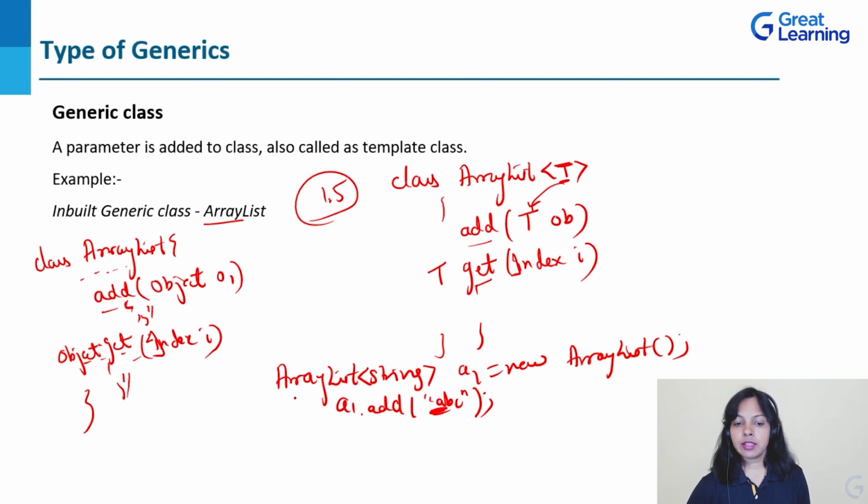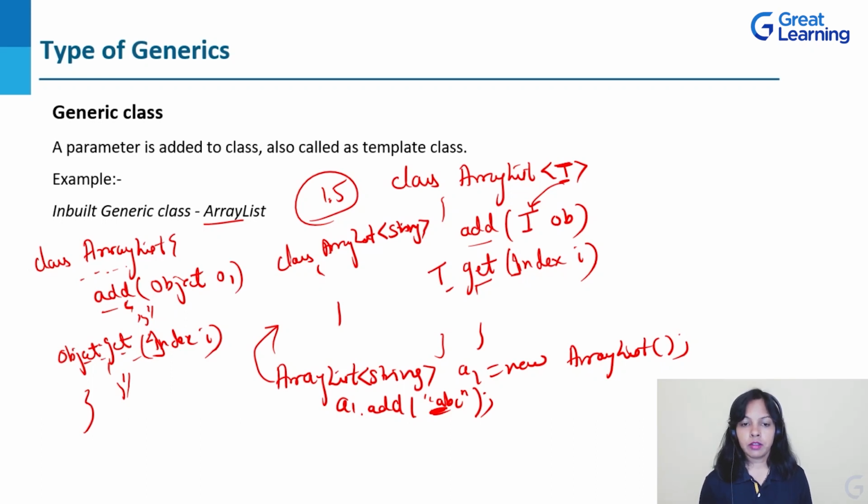When we do this, what happens at the back end is that a different version of this ArrayList class is used by the Java compiler. That version will be class ArrayList, and in place of T in the angular bracket, it will be String. The rest of the things will be modified like that; T will be replaced with String. So this was your inbuilt generic class example, that is your ArrayList.